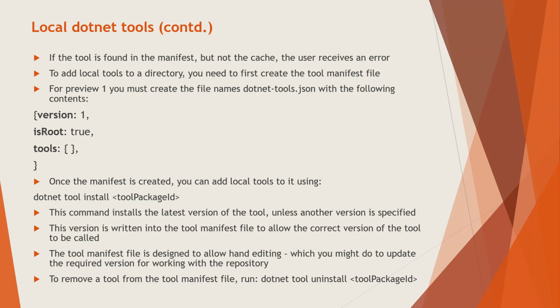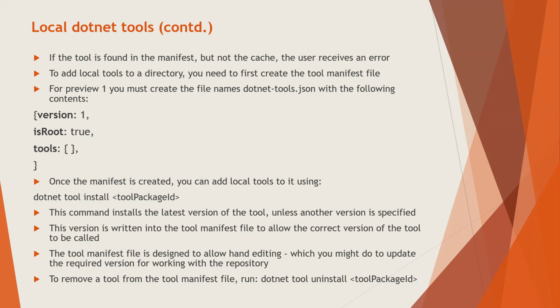So this is the minimum content in the manifest file, the tool manifest file, which is also named .NET-tools.json. Once the manifest is created, you can add local tools to it using .NET tool install tool package ID.